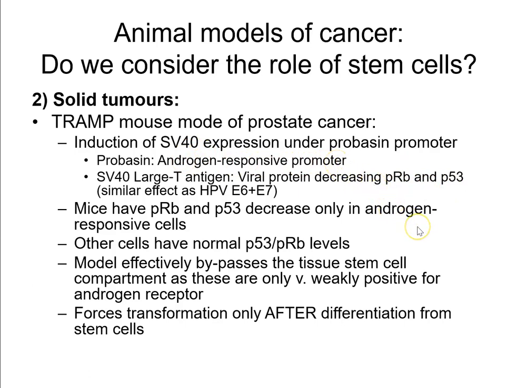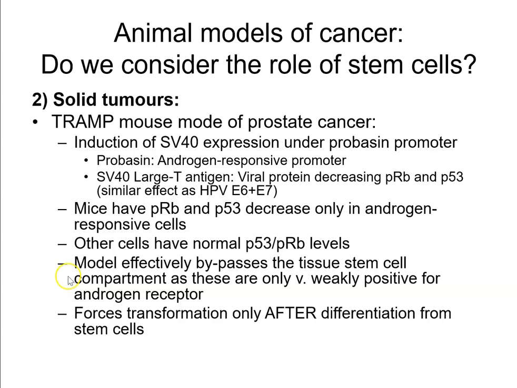So only cells expressing high levels of the androgen receptor will be fully deficient in these two proteins. So mice have pRB and p53 decrease in androgen responsive cells. All of the other cells in the mouse should have normal p53 and pRB levels.